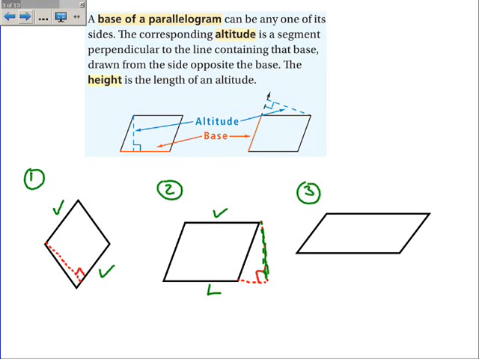For 3, if I asked you what the bases were, you couldn't tell me until I told you where the altitude was. And if I drew this as the altitude, you would then say it's perpendicular to the altitude, so these two sides must be bases. The base is perpendicular to the altitude.